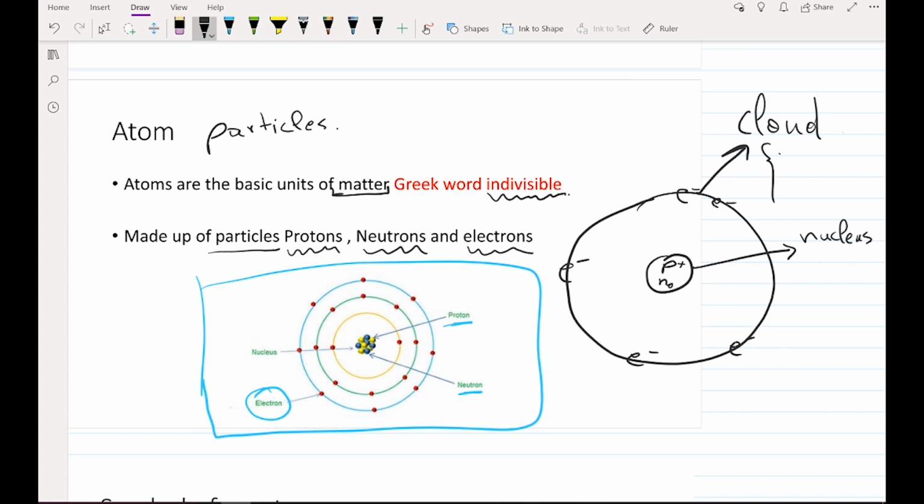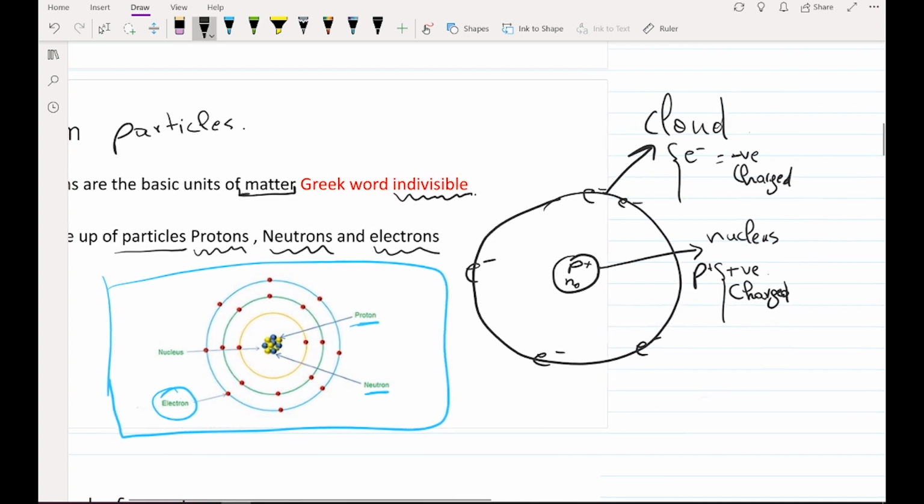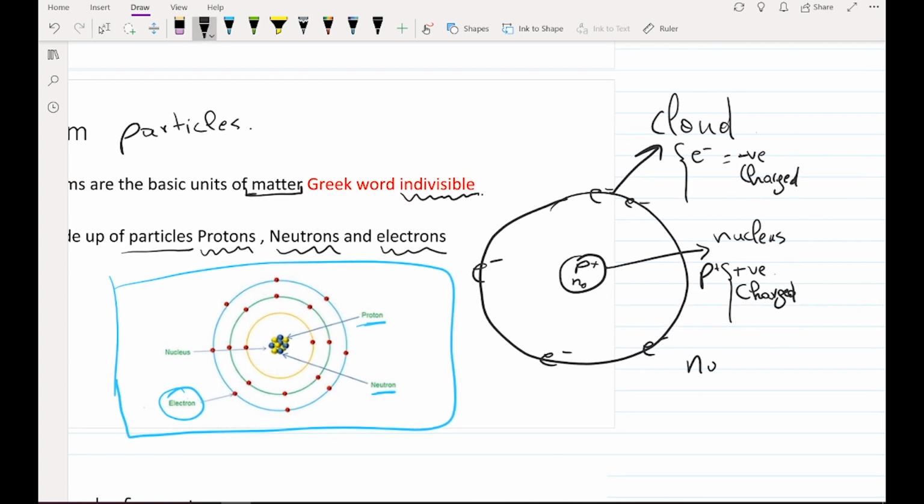So electrons are negatively charged. While in the nucleus, as we agreed, there are protons, which are positively charged, and neutrons, with no charge.